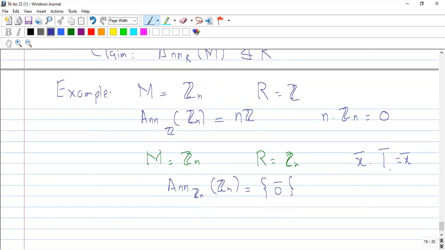If we consider Zn as a Zn module, then annihilator is just equal to nZ. But if we consider Zn as a Z module, the annihilator only contains 0 element. So at the annihilator level, they are different. They are different modules. So Zn as a Z module is different from Zn as a Zn module.